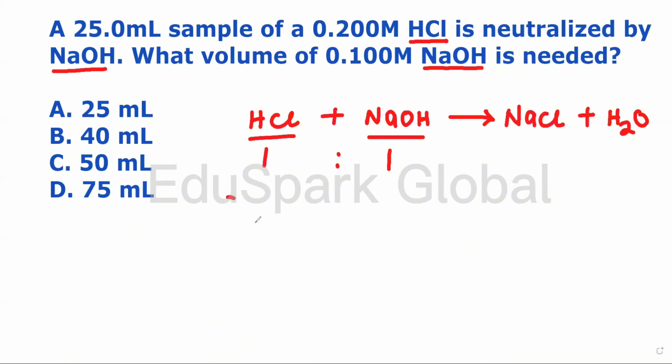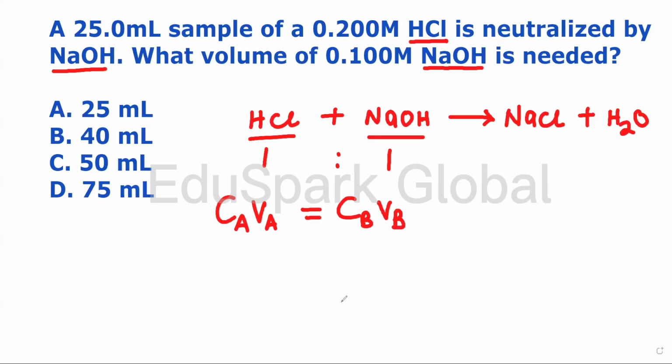So we're going to be using CaVa equals CbVb. The Ca is known as the concentration of the acid. Ma is molarity of the acid, which is the same as concentration. Then volume of the acid, Va. Cb is the concentration of the base, or Mb, molarity of the base, where Vb is the volume of the base.